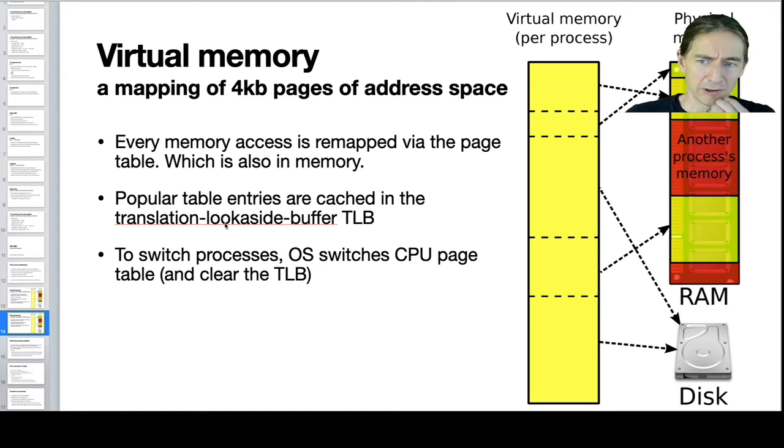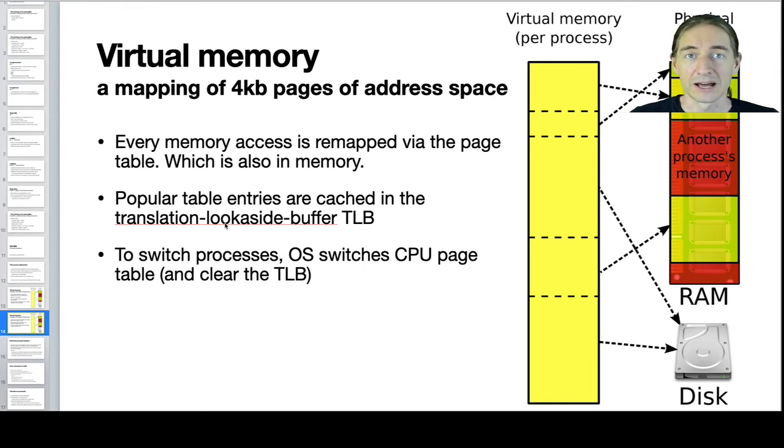All right, so to switch between processes, the OS will have to switch the page table. There's a special register. It's called CR3, not important. You move a pointer to that register. Now suddenly you're using a different page table. This is naturally a privileged instruction, so only the kernel can do that.